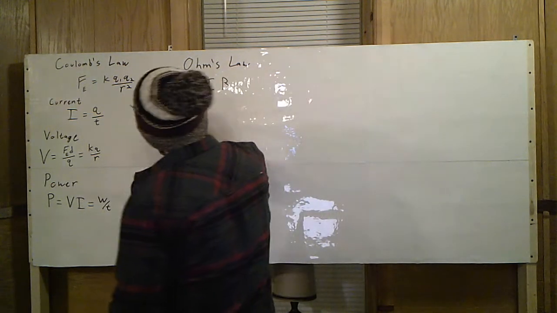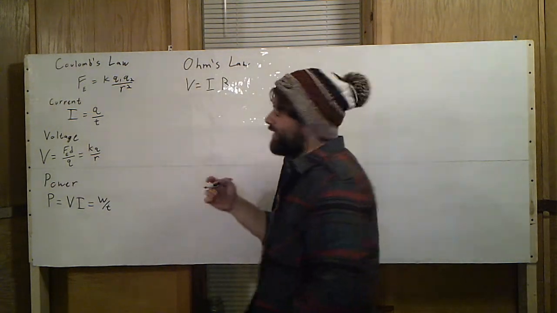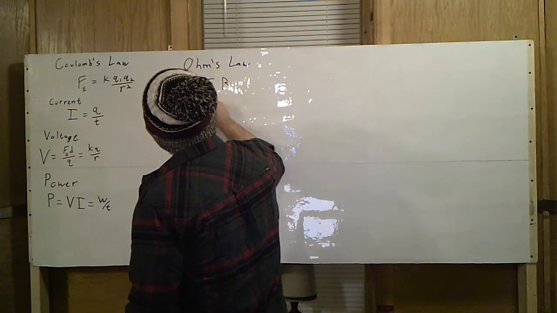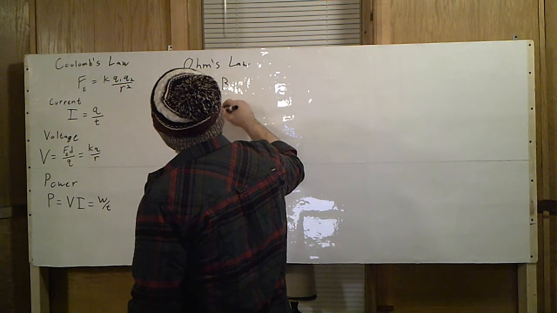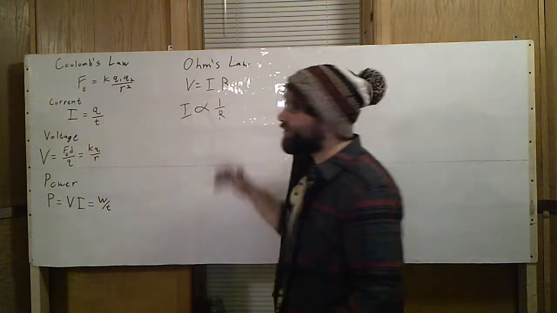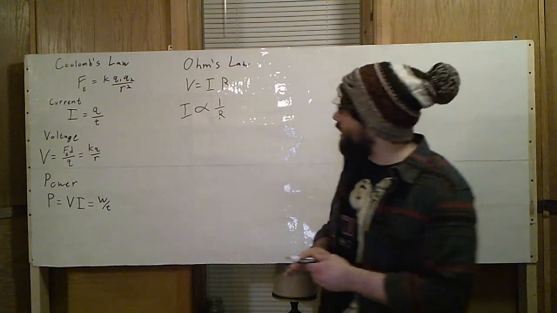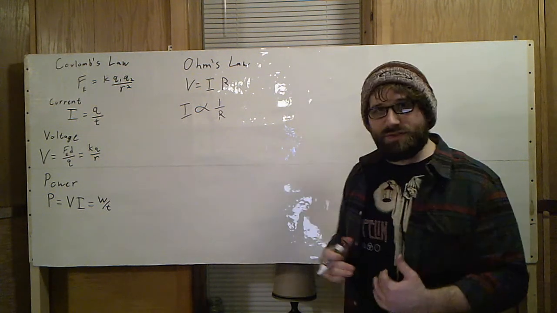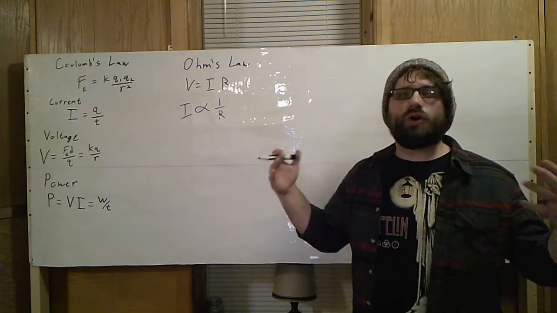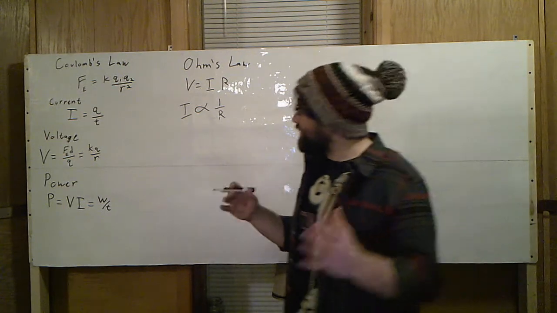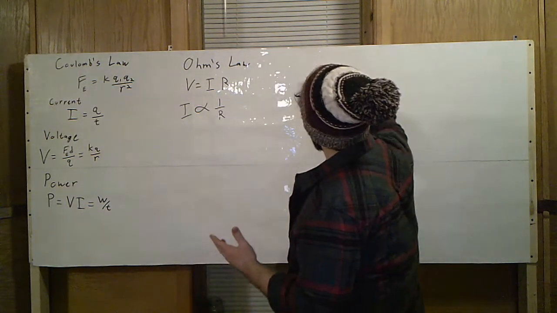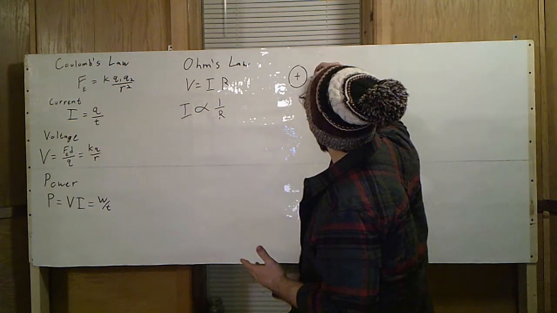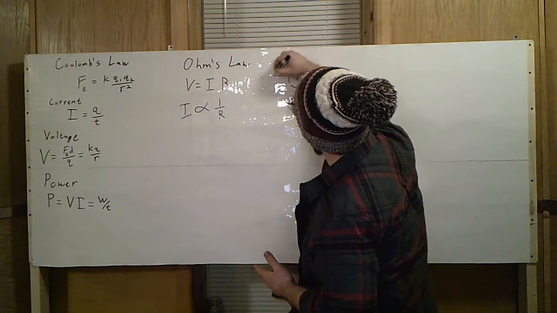So the way we can think about this is that current is inversely proportional to resistance. So the bigger resistance is, the lower current is going to be. The lower resistance is, the more current will be. Now what we're really saying here is, if I've got a charge, let's just give ourselves a little point charge here, and it's got a certain voltage behind it.